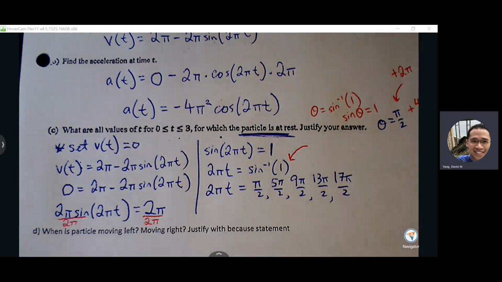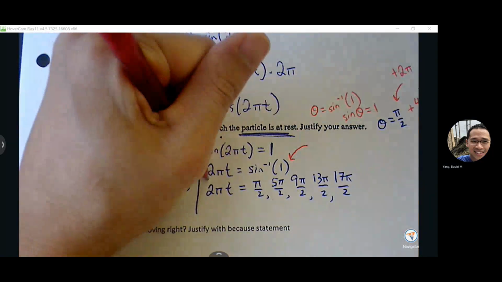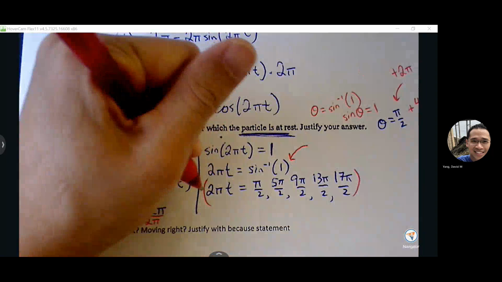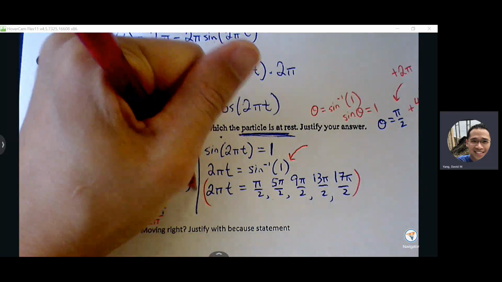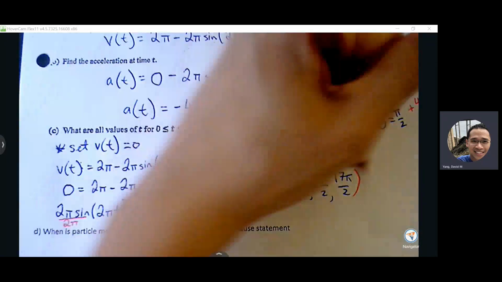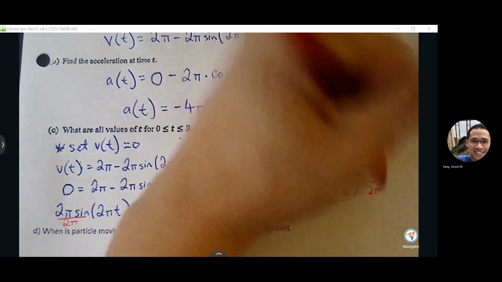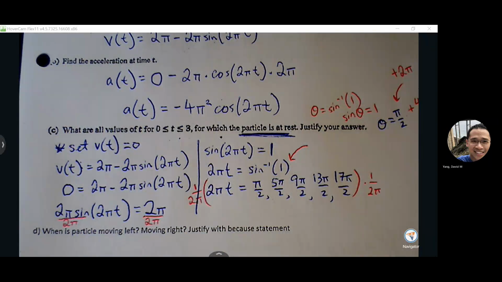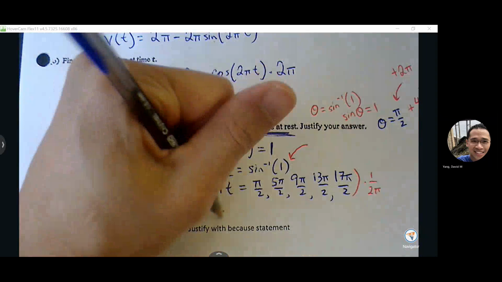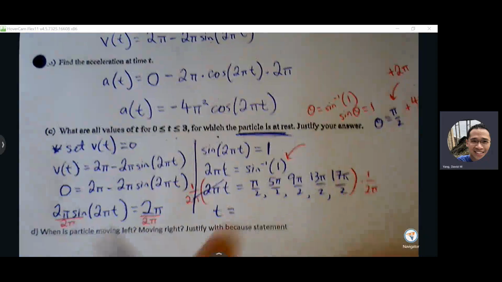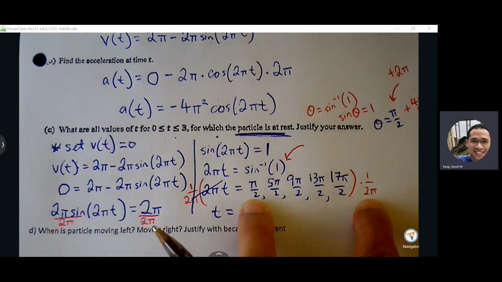Okay, so we're going to solve for t, divide by 2 pi. Dividing by 2 pi is the same thing as multiplying by the reciprocal, 1 over 2 pi. So let's see what t values we end up with. Multiply, all the pi's in the numerator and denominator will cancel out. That's nice.